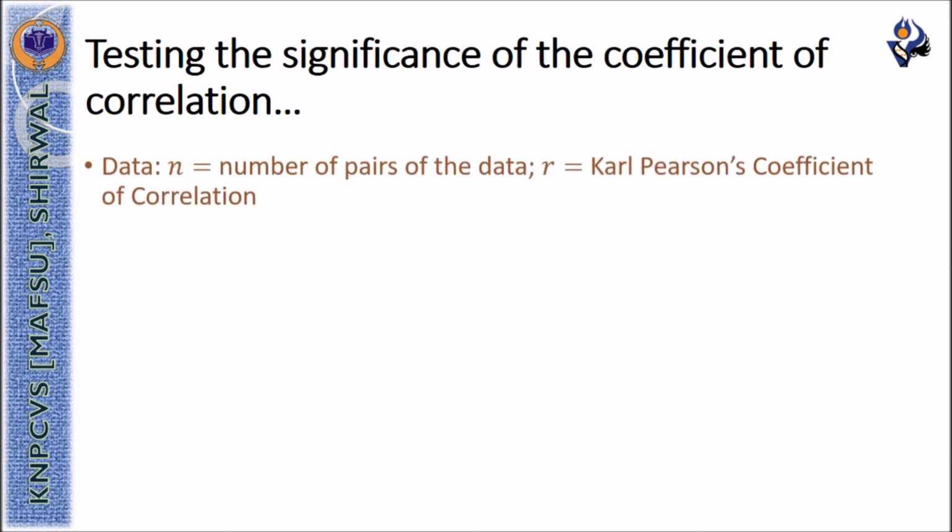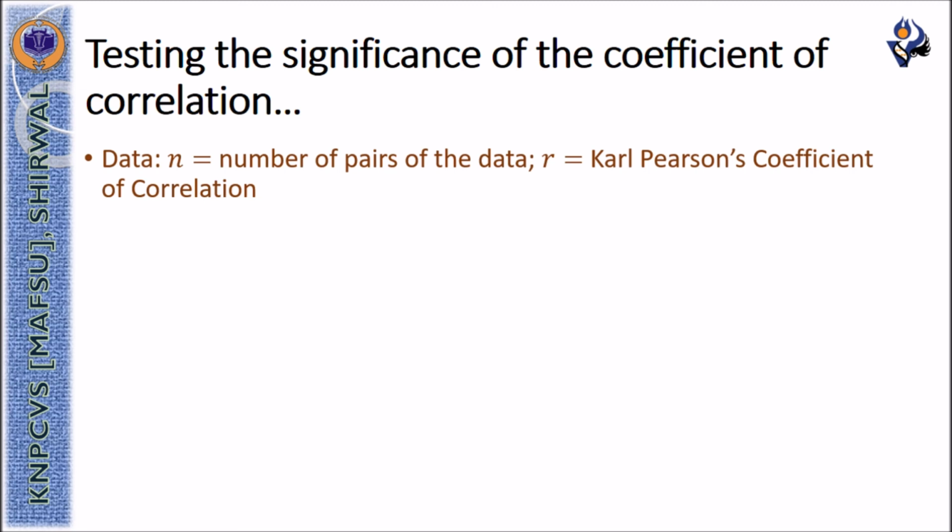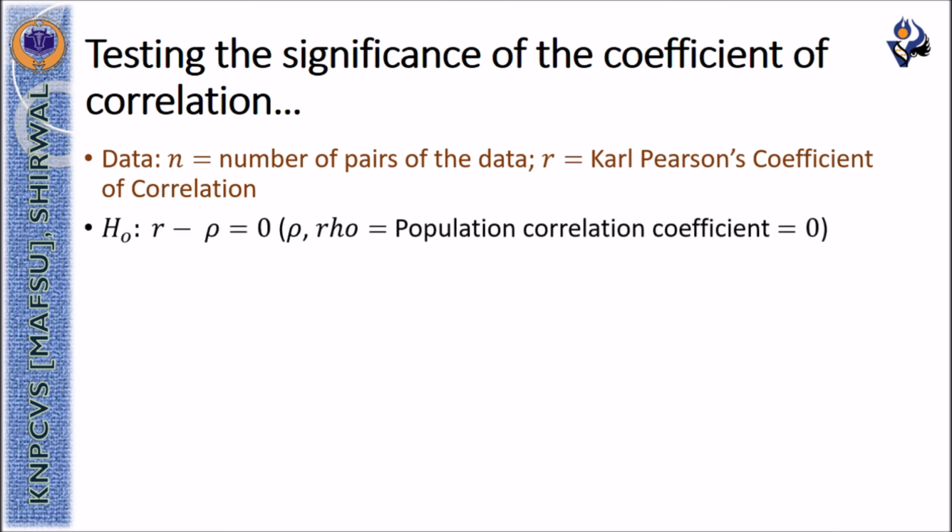Where, for example, if in the given data small n denotes the number of pairs of the data, small r denotes Karl Pearson's coefficient of correlation, then we can place the null hypothesis as r minus rho is equal to 0, where rho denotes population correlation coefficient.